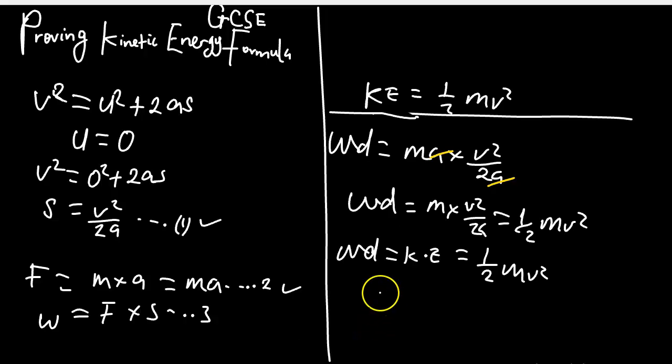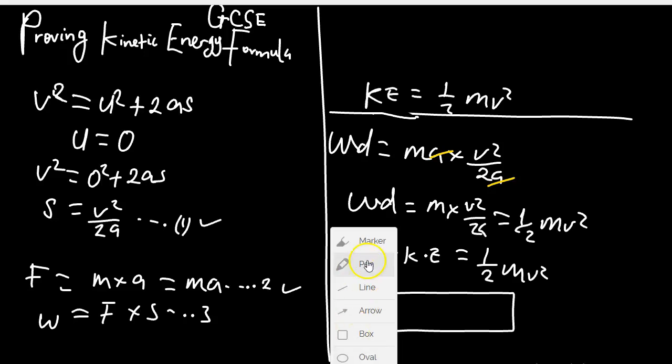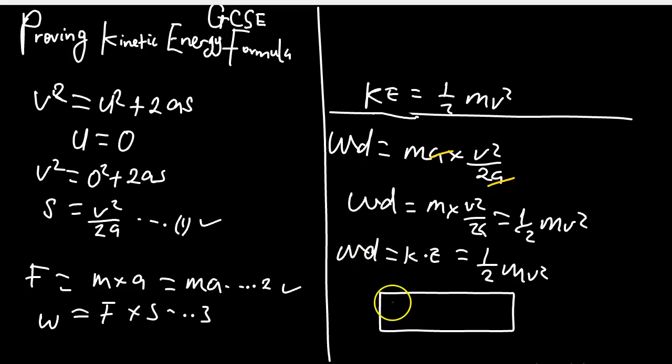So you see how you are supposed to get your 10 marks. This simply means that kinetic energy is nothing but a half mv squared, and your 10 marks is ready.